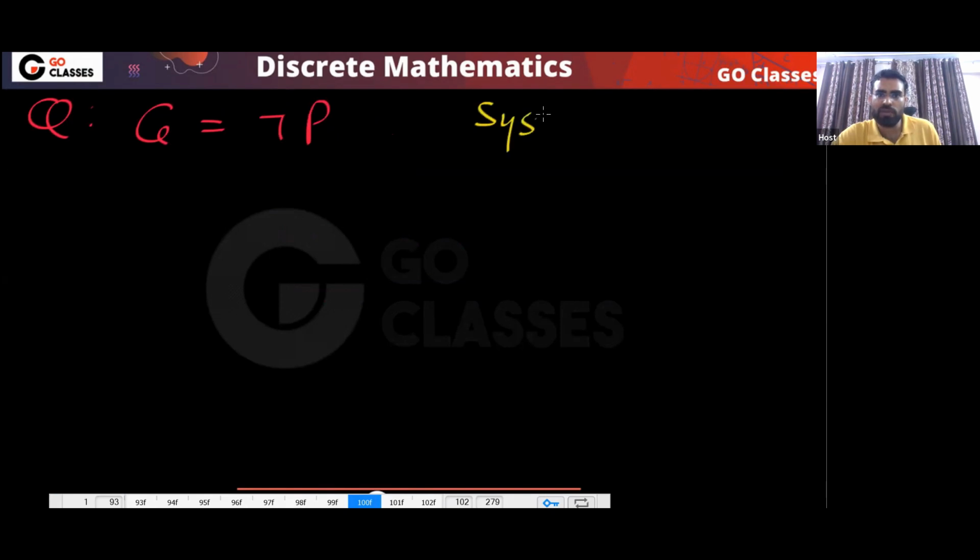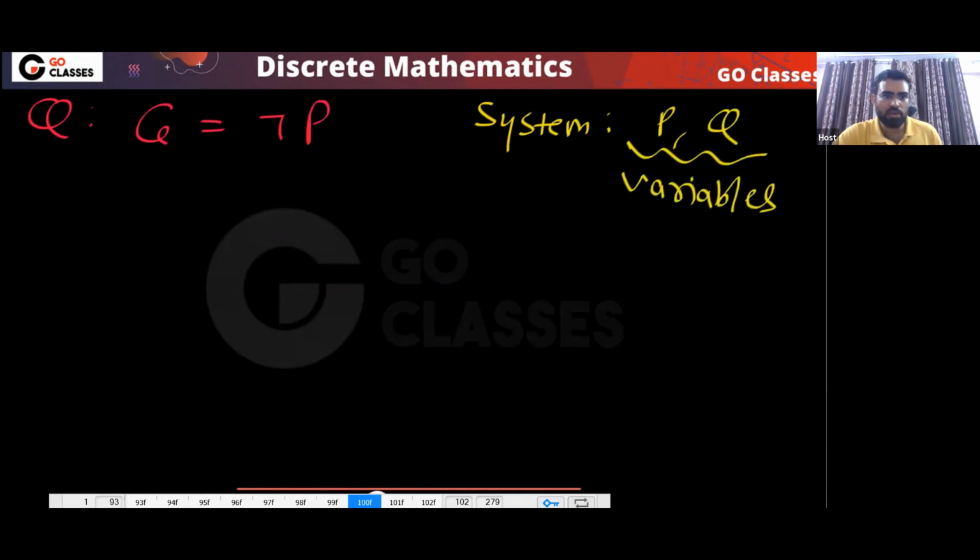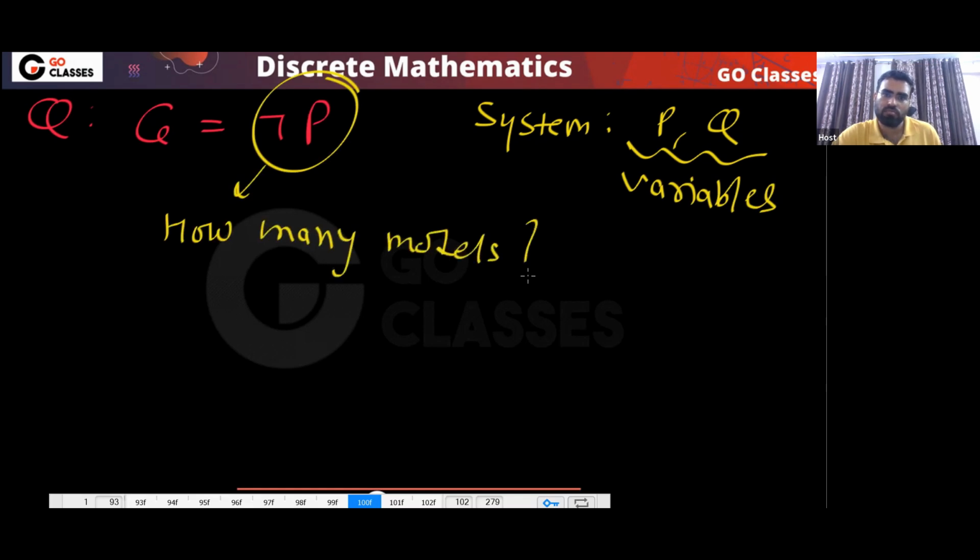In the system you have 2 variables, P and Q. My question is, for this, how many models do we have? Here you must focus.